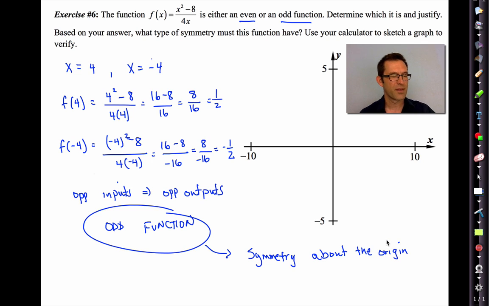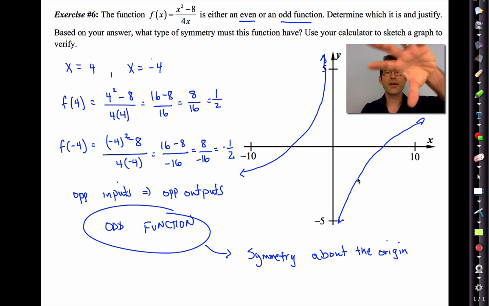All right, so the function looks a little bit like this. Goes a little crazy as it approaches x equals 0 because it's undefined there. And then it kind of looks like that. Right? And you can kind of see that symmetry even though I've drawn it very poorly.